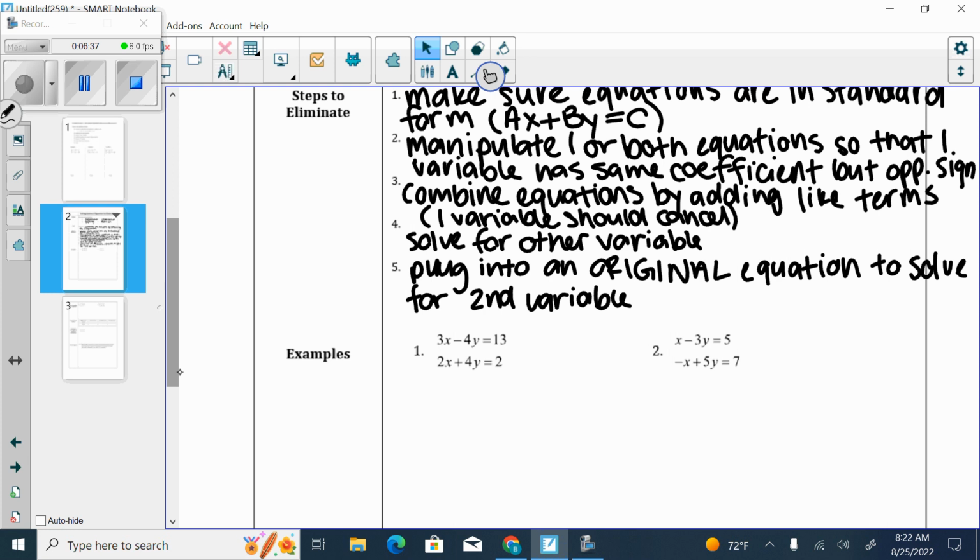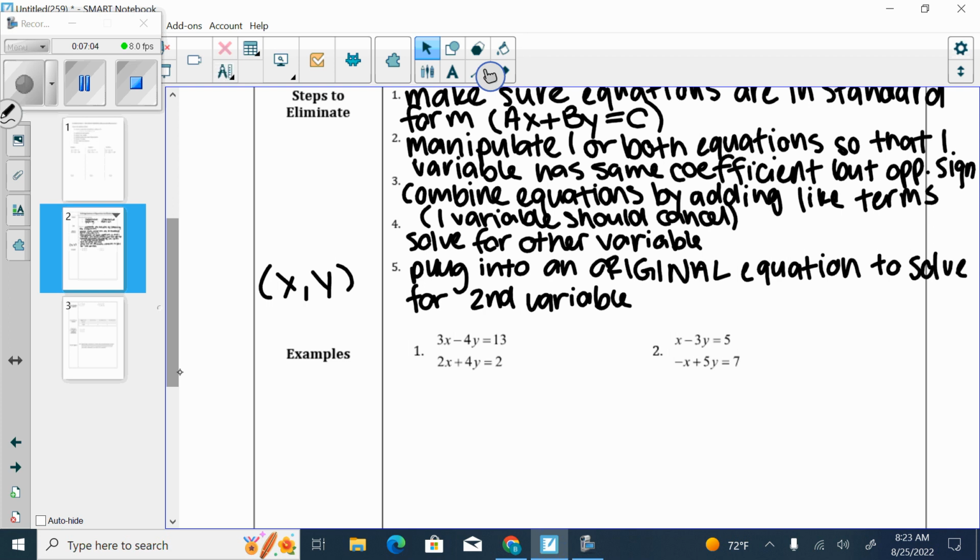And of course, if you want to, you can always check your answers by plugging into one of those originals, right? And how do we always want to write our answer? How did we always write our answers yesterday? Yes. Very good. We always want to write our answer as an ordered pair. Remember, like some coordinate point, x, y, right? So don't forget to write it that way once you find both x and y.